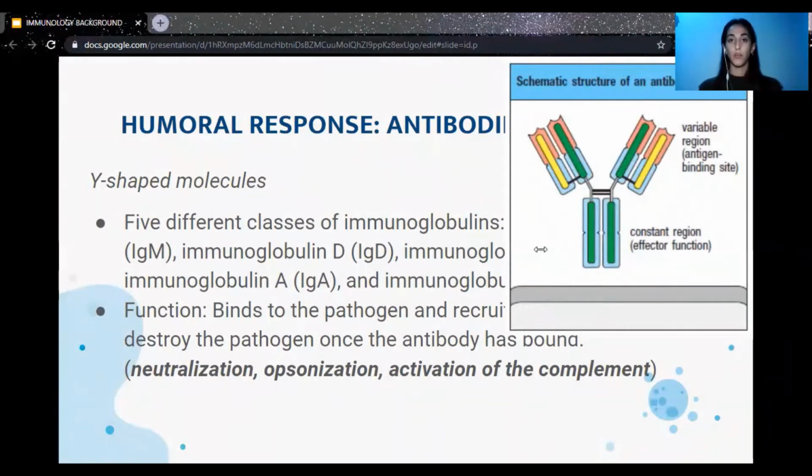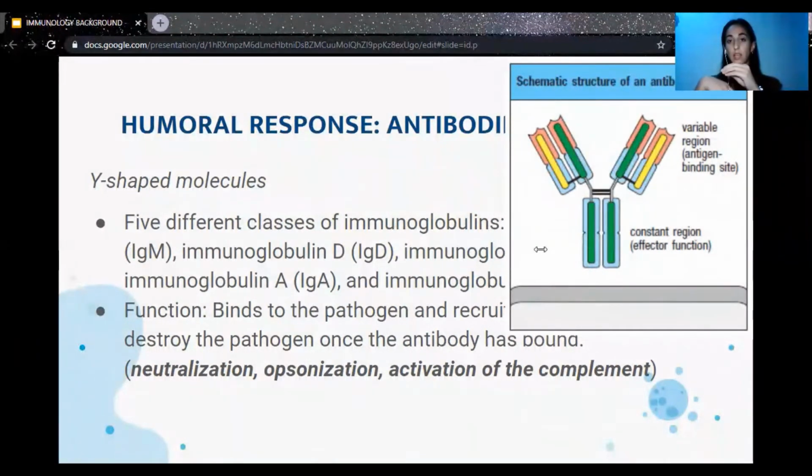Why? Because if we think about the structure of the antibody, imagine that this is the antibody. The variable region is going to bind to the pathogen, and the constant region is going to remain outside, facing the other cells of the body. So depending on the structure of the constant region, different cells of the immune system are going to bind to the antibody.